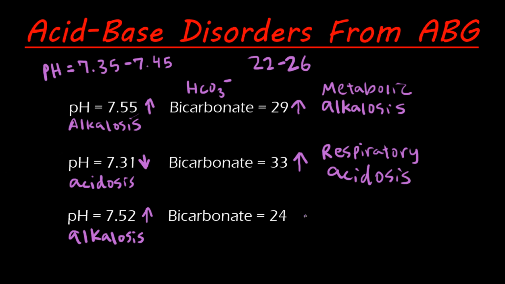I'm just going to put a line like this: nothing's wrong. But since they're still not in the same direction, as in the first example, up and up, this is up and nothing. So this is still going to be respiratory. Even if the bicarb is normal, we have respiratory alkalosis.